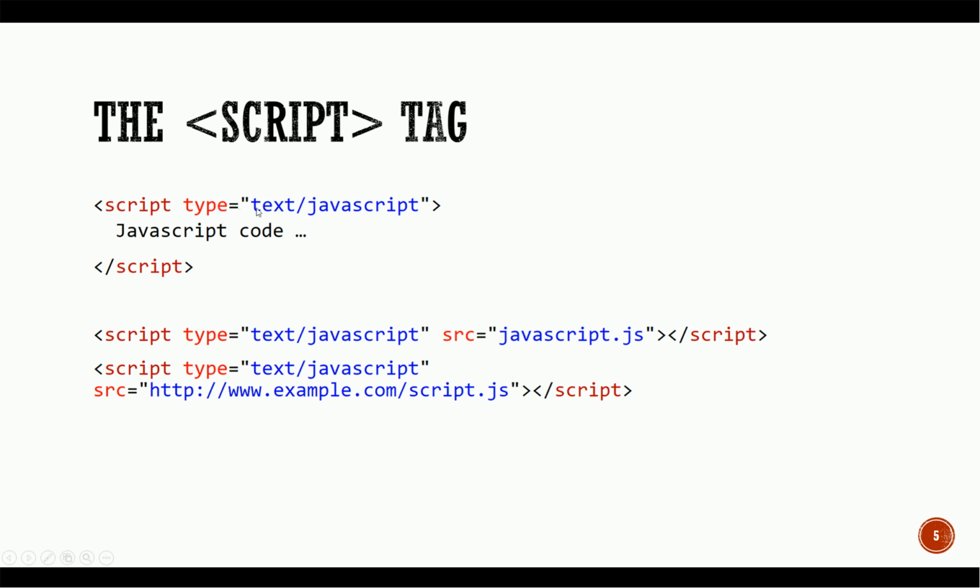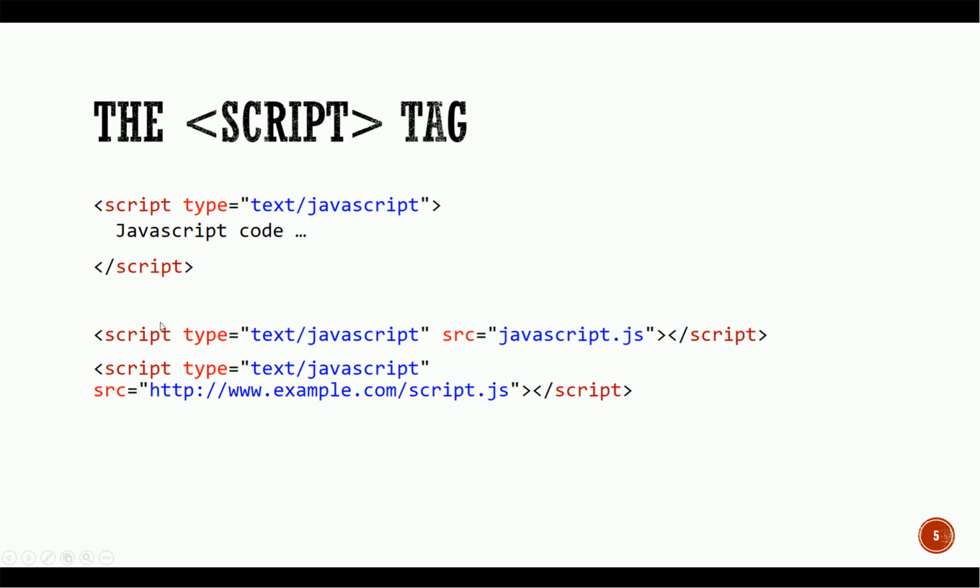We type the type text/javascript. This can be auto-generated when you use Sublime: type script and tab, and it will show you the whole thing. You have to remember that we have the opening script tag, and then we need to close it as well with the closing script tag.